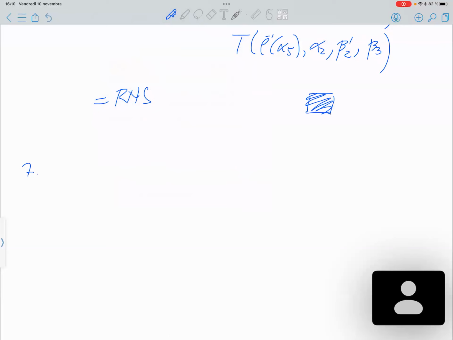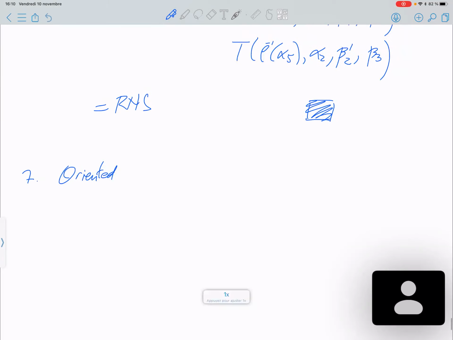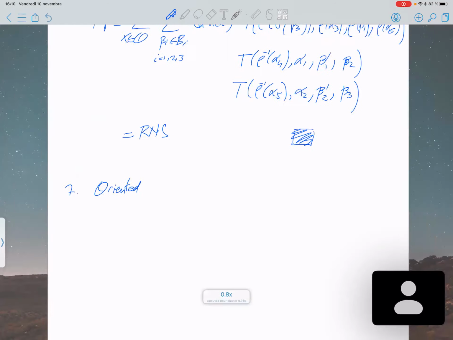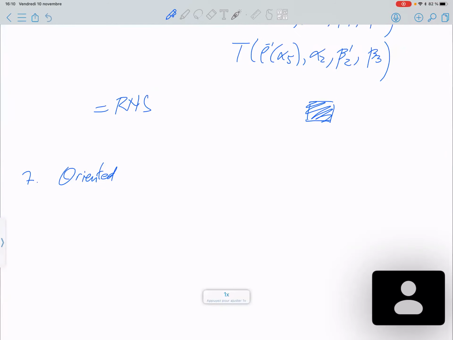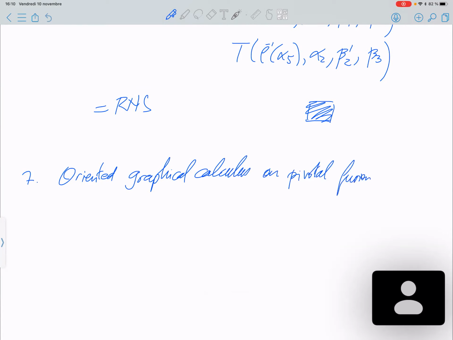The goal is to simplify the picture, and what will help us to do that will be an oriented graphical calculus on pivotal fusion categories.